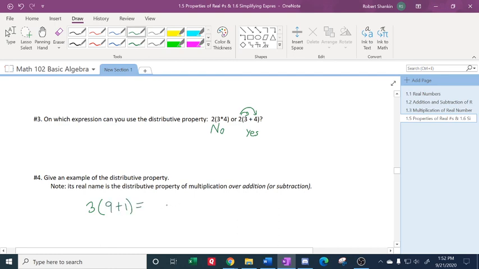Okay. And so then this could be then 27 plus 3 if you distributed it to both. And it's the same answer as if we did just 9 plus 1, got 10, 10 times 3 is 30. There we go. Okay, and notice, I did it both ways here.